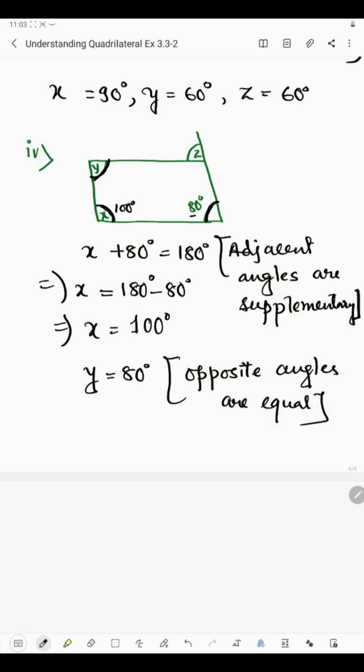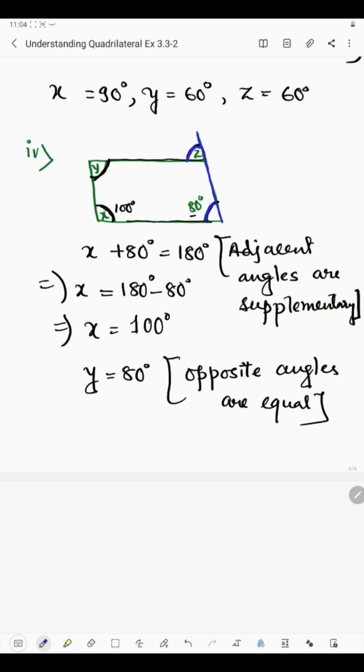Okay, now we have to find the value of z. Now z also will be 80 degree. Now why? See, these two are parallel lines and this is the transversal, isn't it? This is the transversal which cuts these parallel lines, and these two angles are on the same side, same position. That means these two are corresponding angles. So corresponding angles are equal here.